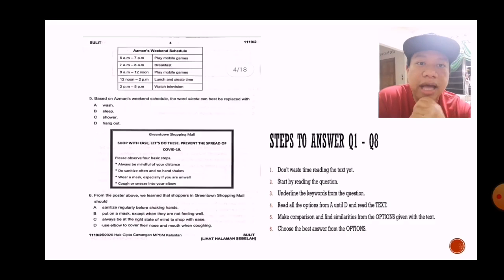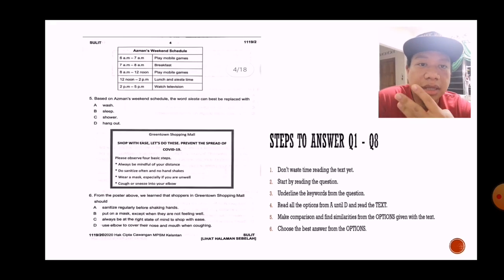So what are the steps? Always be mindful of your distance. Step 1, okay, meaning social distance. Number 2, do sanitize often and no handshake. No handshake. Okay.